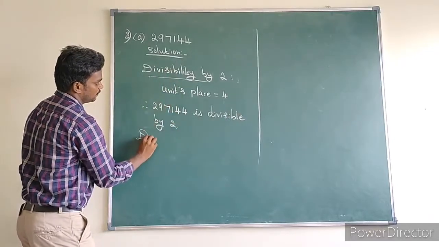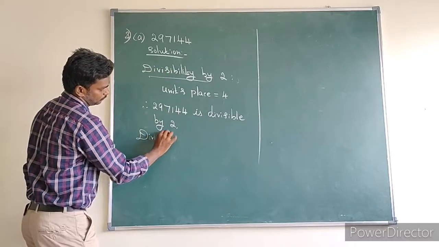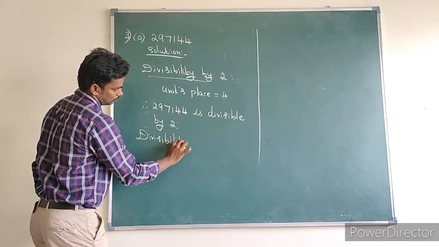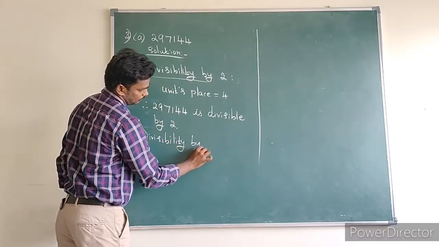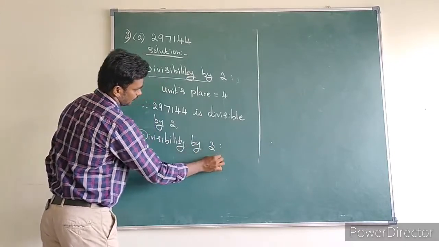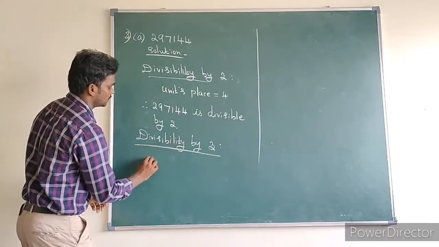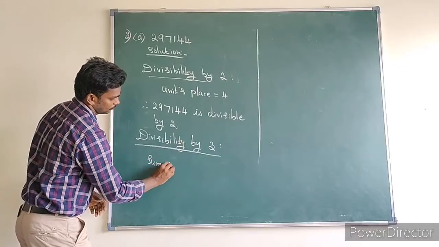Next, divisibility by 3. What is the condition for divisibility by 3? Sum of the digits.